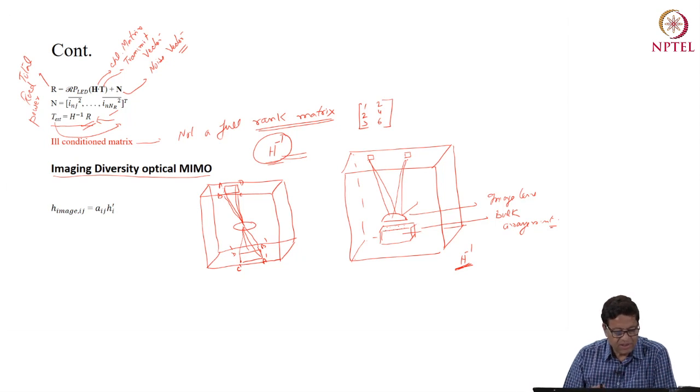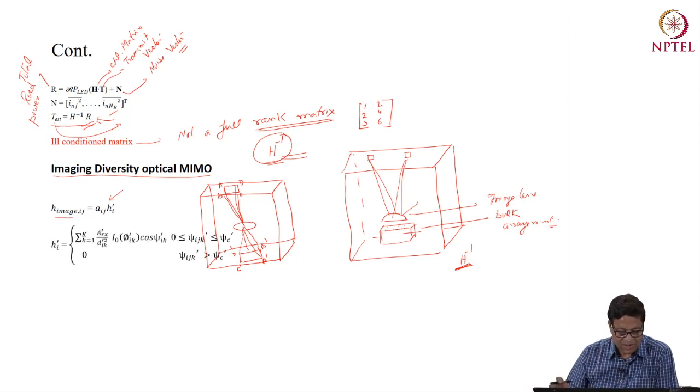And if you see the channel matrix, I'm referring to this as H image. Earlier was non-imaging, this is imaging. So this is H image for ij is given by Hij, Hi prime. So this Hi prime is similar to what we had discussed. Only thing, it is multiplied by a factor, Aij.